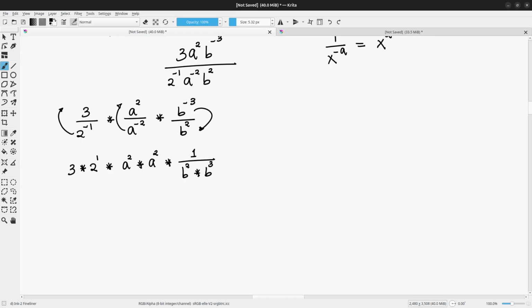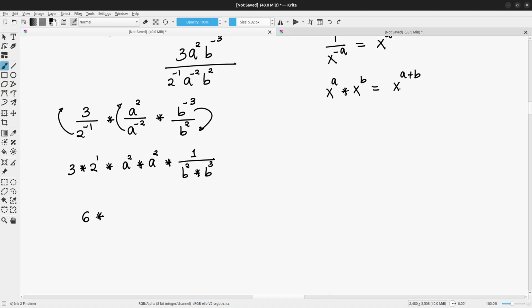Okay, so now 3 times 2 gives us 6 times, remember again, when I give you something like x to the power of a times x to the power of b, this is the same as doing x to the power of a plus b. When the bases are the same and the sign is multiplication, you add the powers.